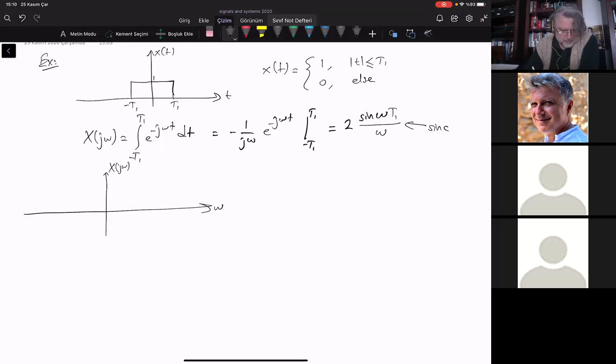Sine omega and omega, as omega goes to 0, as the angle goes to 0, behave identically. So actually sine omega over omega as omega goes to 0 is 1. And whenever the omega inside the sine is multiplied by something, that directly reflects as a coefficient, just like the coefficient of 2 over there. So the peak value that we have here is actually 2 T1, okay?